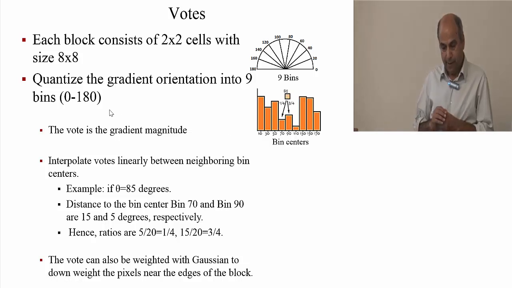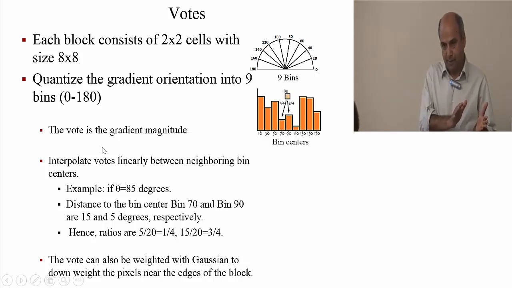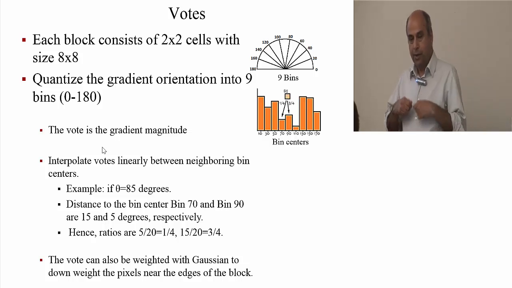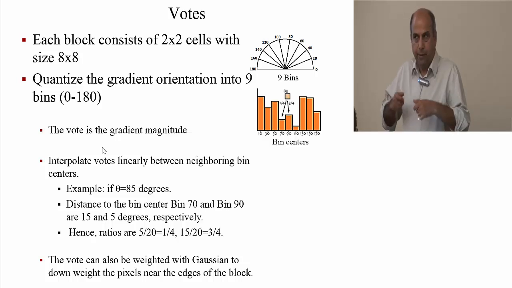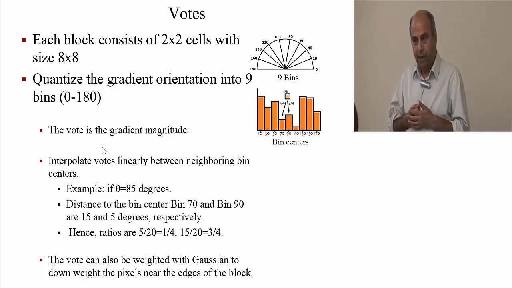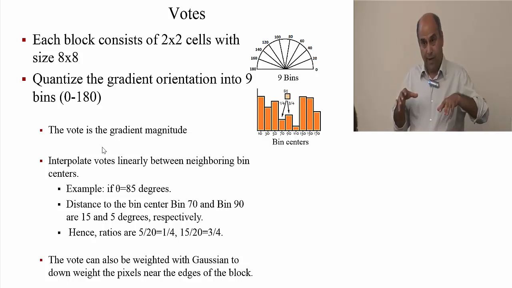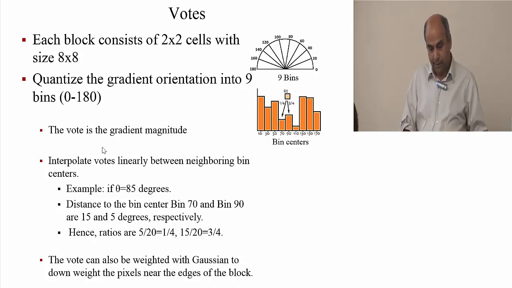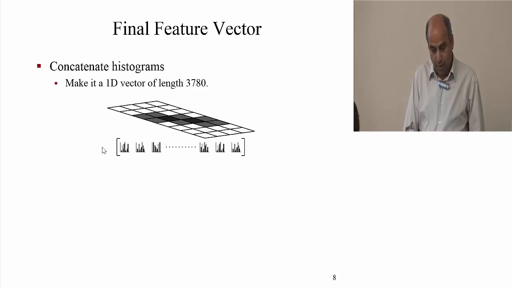Then the vote is the gradient magnitude. It's exactly the same as we did before in SIFT. If the gradient magnitude is large, then you get more votes. You can normalize it, say the maximum is 1 vote, and then 0.7 is 0.7 vote. So it is proportional to gradient magnitude, and the histogram is of the direction. That's what we are going to do.